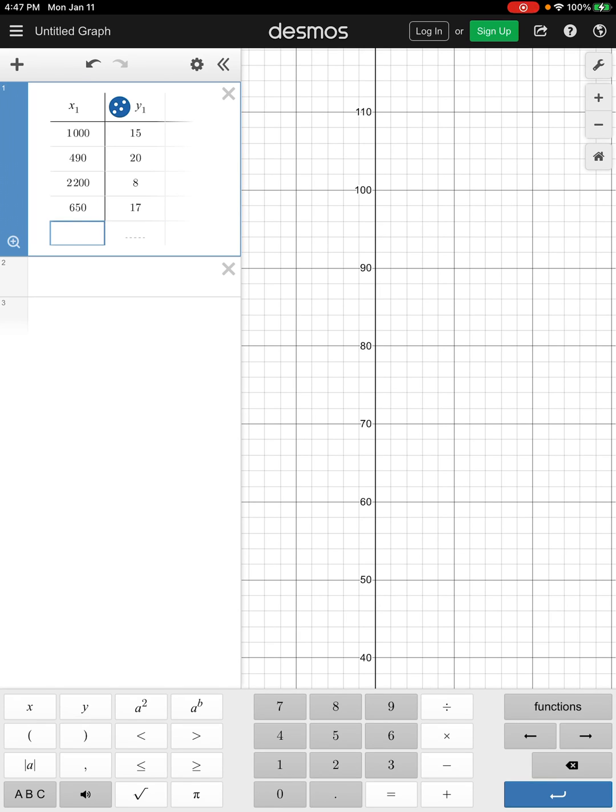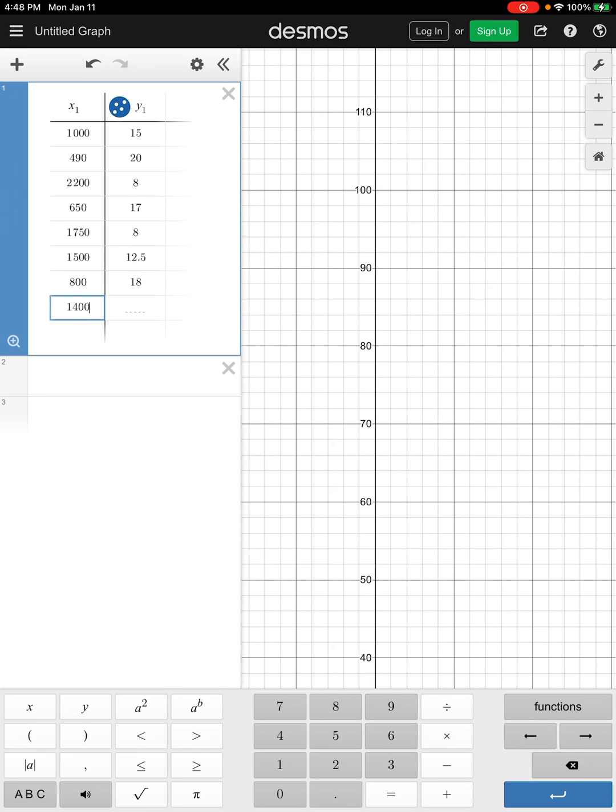See how a table actually represents a situation? At 1,750 meters up, the temperature is 8 degrees. At 1,500 meters up, the temperature is 12.5 degrees. At 800 meters, an elevation of 800 meters, your temperature is 18 degrees.